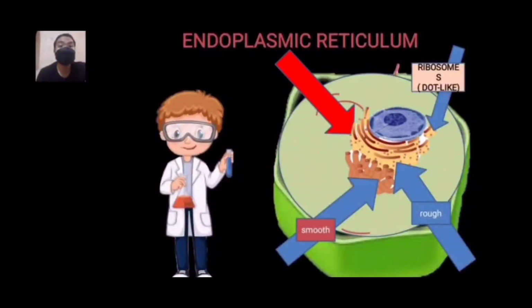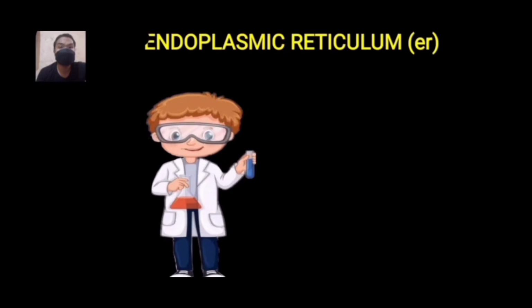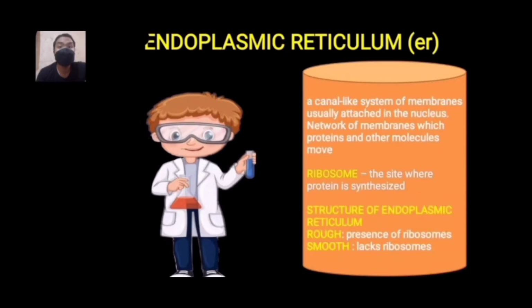Good morning everyone. I'm reporting today on the endoplasmic reticulum. What is the endoplasmic reticulum? A canal-like system of membranes usually attached to the nucleus, a network of membranes through which protein and other molecules move. The endoplasmic reticulum is the largest membrane organelle in eukaryotic cells, consisting of tubules and sheets attached to the nuclear envelope.